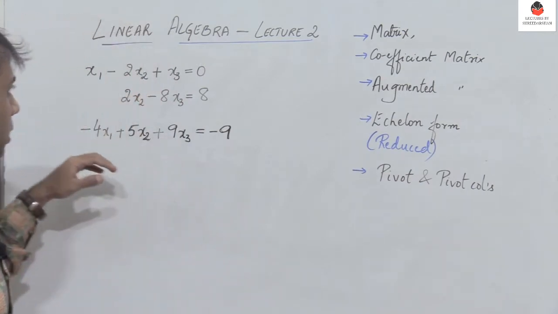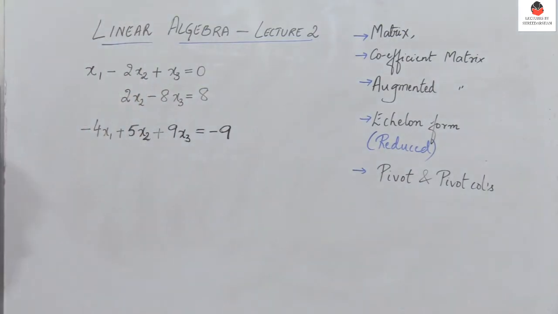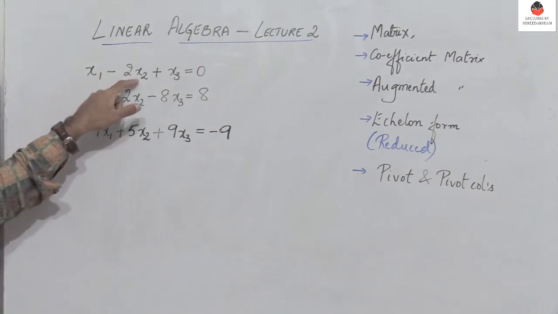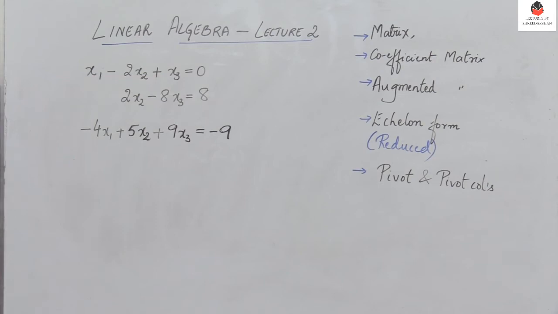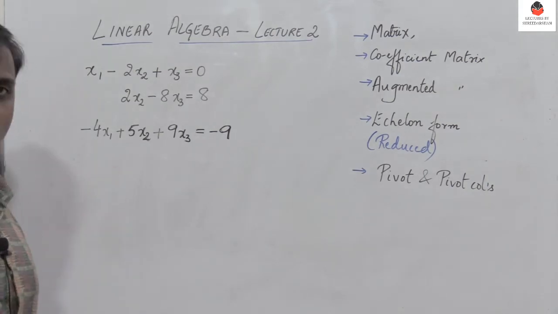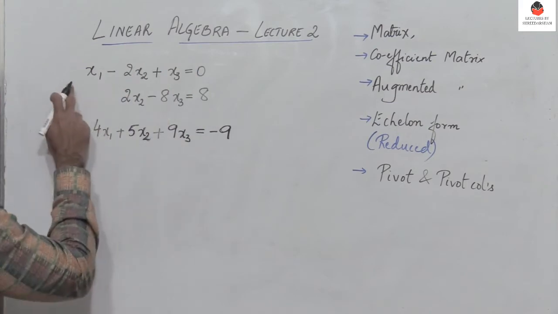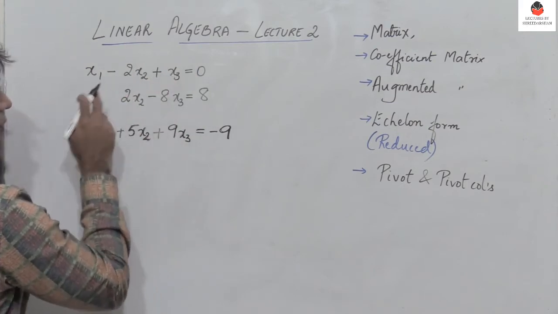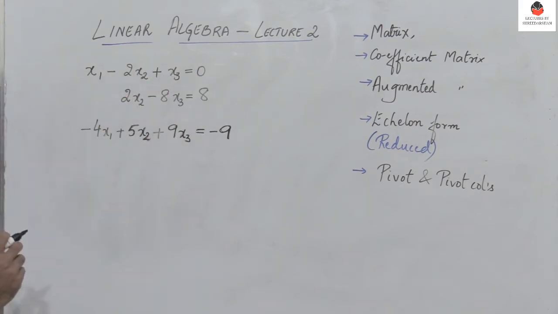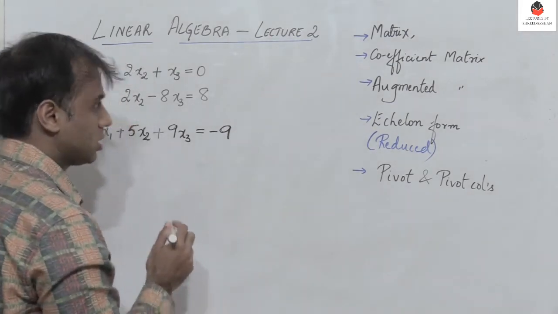Now, let's begin with the set of linear equations as shown here. So I have three equations with three variables x1, x2, x3. Now this given system of linear equations can be represented in the form of a rectangular array called a matrix. If I represent all the coefficients of the variables in the form of a matrix, we get the coefficient matrix.